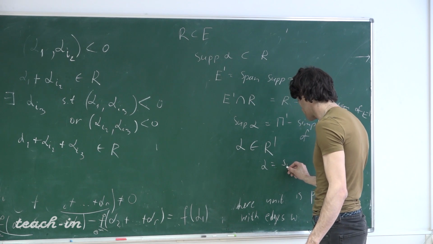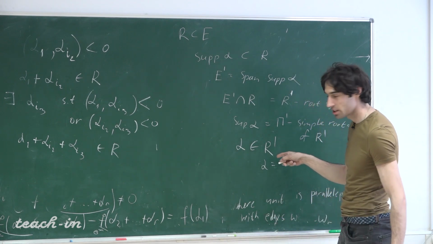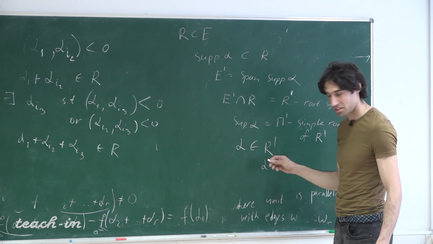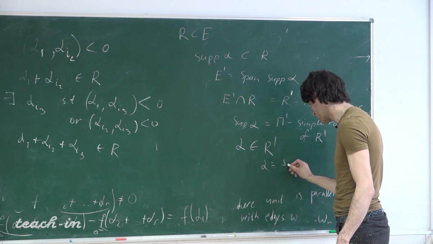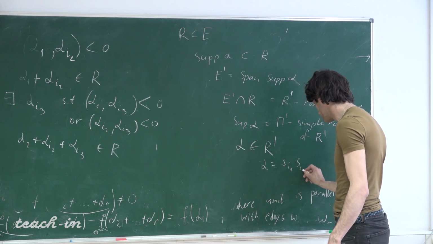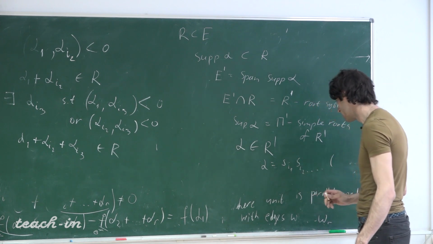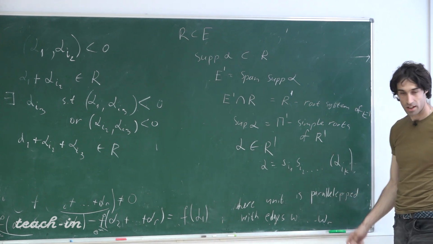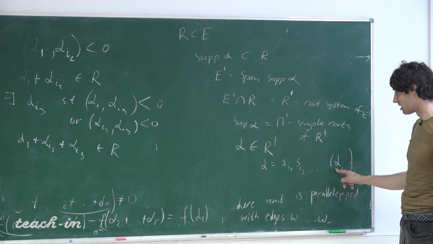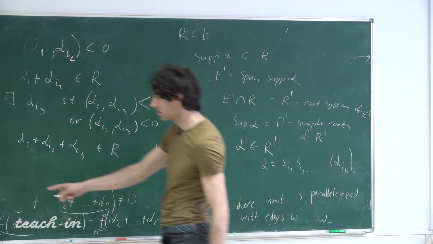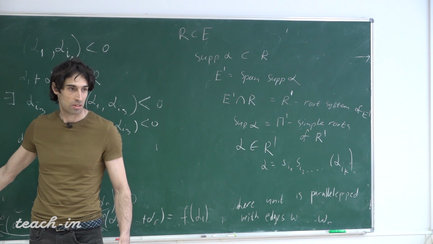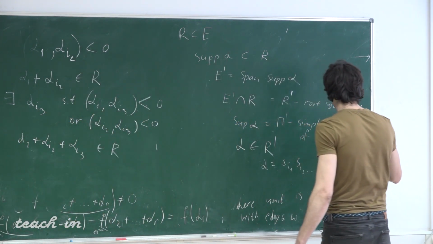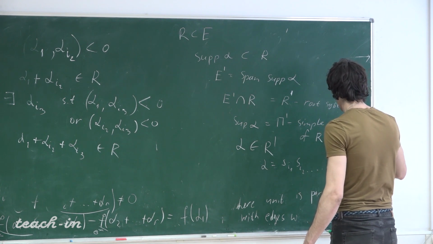So therefore it is obtained by some simple reflections. Now I use that any root can be obtained by simple reflections from simple roots, right? So it's just some s_i1, s_i2, and so on of some alpha ik, whatever. And this guy is inside either U1 or U2. Okay? So suppose it's inside U1 without loss of generality.